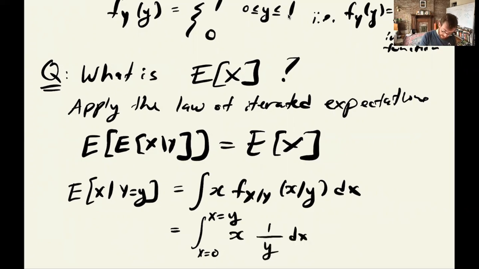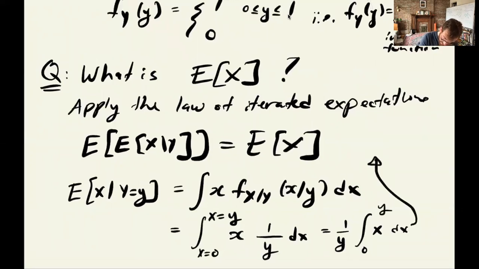Now, again, y is just a constant for the purposes of this integral. So I can now just figure out that, all right, well, this is the same thing as integrating x from 0 to y dx. But then this is just going to be x squared over 2. Now I need to evaluate it at the endpoints.